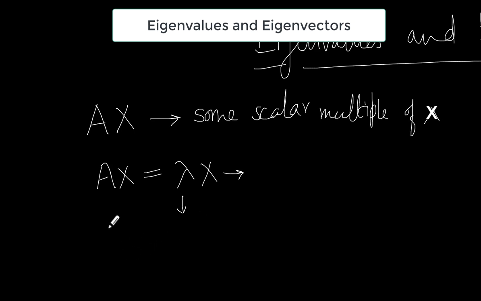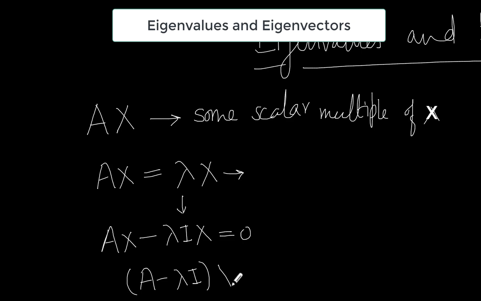So from this equation we can write it down like this. We are multiplying here with the identity matrix because we can subtract two quantities only when they are in the same unit. So just take x common out.